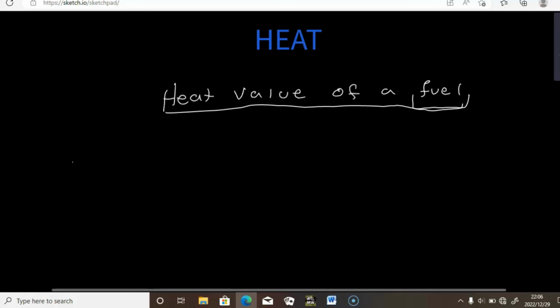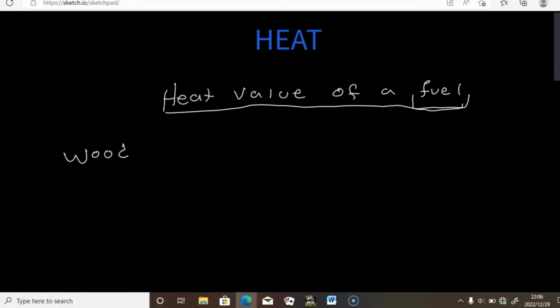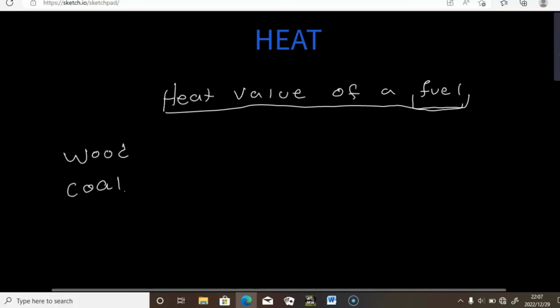An example, we have wood. We burn wood to produce heat, using it to maybe warm our house, warm ourselves, or to even cook. We have coal, we have petrol, we have many types of fuels.